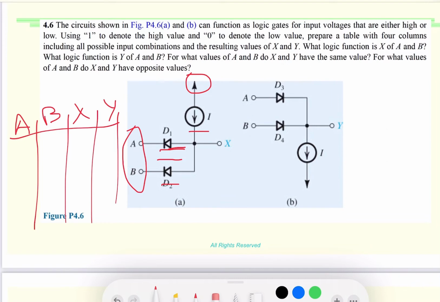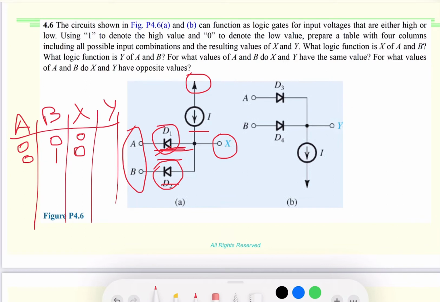The end result is that you would get the whole signal going there and we will not get anything here. So if they both are 0, X would be 0. If either one turns 1, the other one will still be conducting. So if A is equal to 0 and B is equal to 1, this may be cut off, but the signal is still going through D1 and X would still be 0.